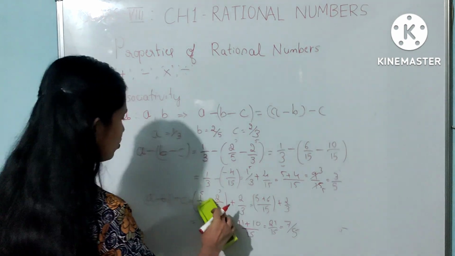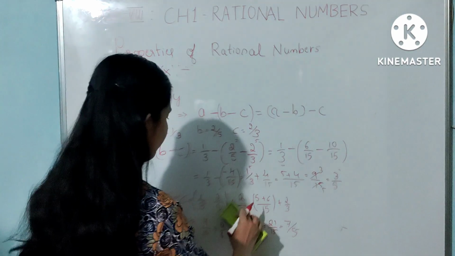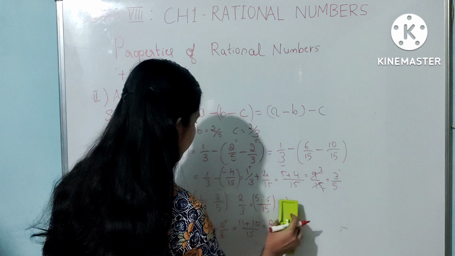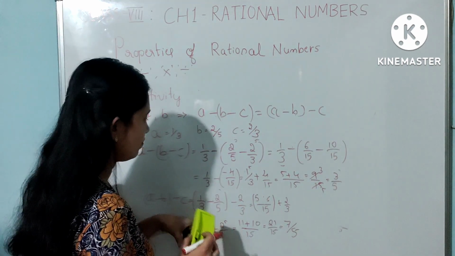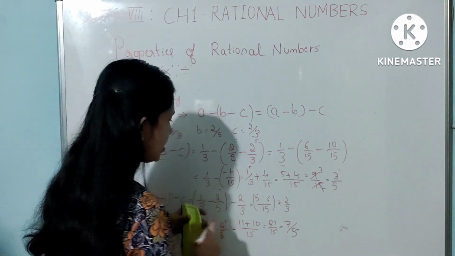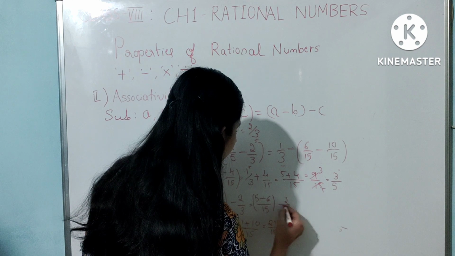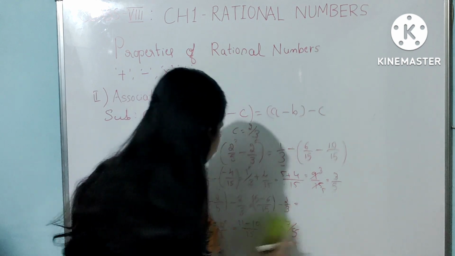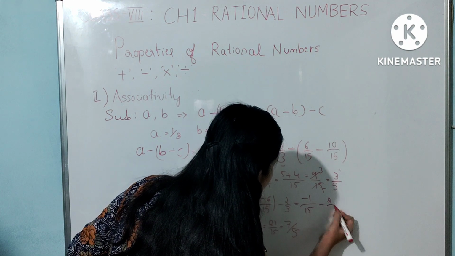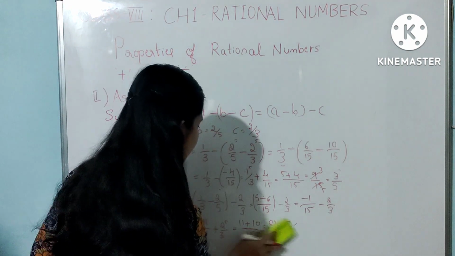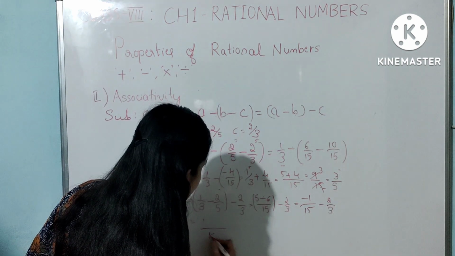So the next we have to calculate is (a minus b) minus c. Okay, so here 15 is the LCM, right? 5 minus 6 minus 2 by 3 is equal to 15 minus 1 minus 2 by 3, correct? Again 15 is the LCM, right?